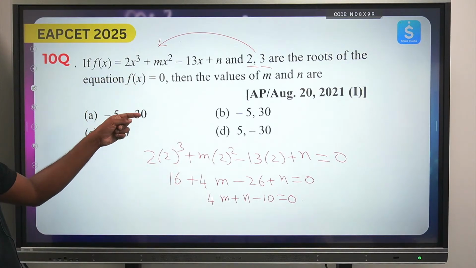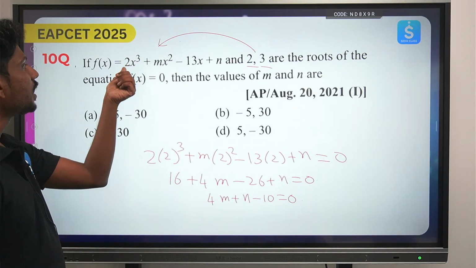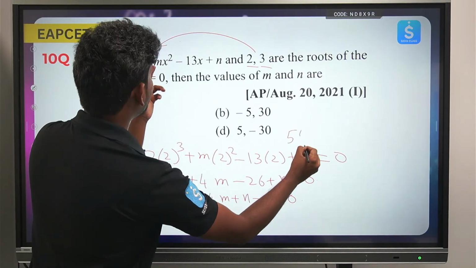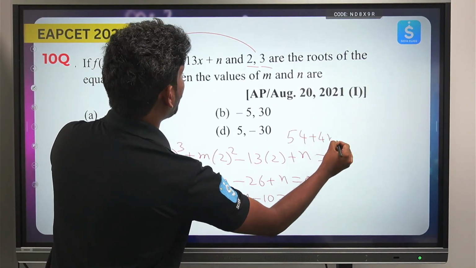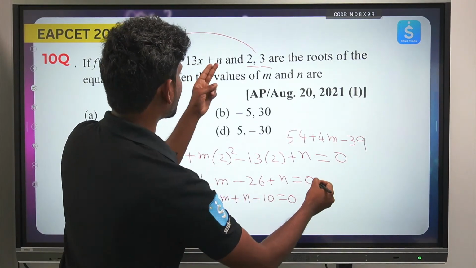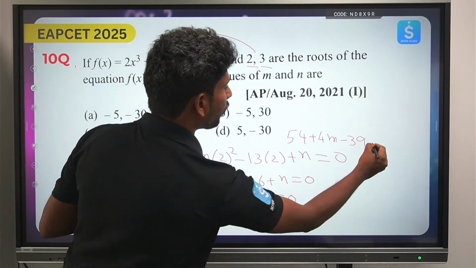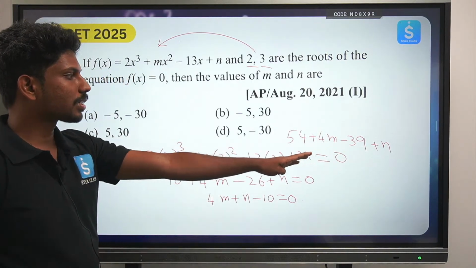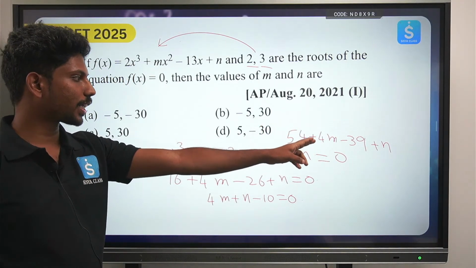Now how will the second equation look like? Just try to substitute: 3 cube is 27, 27 into 2 is 54, plus 9m minus 13 into 3 is 39 plus n. Okay, now we have 54 minus 39, that will be 15.